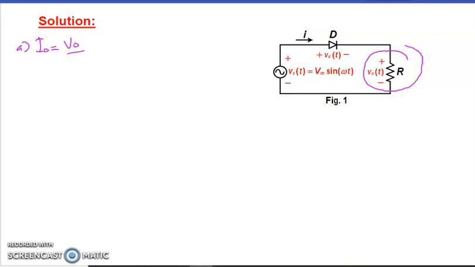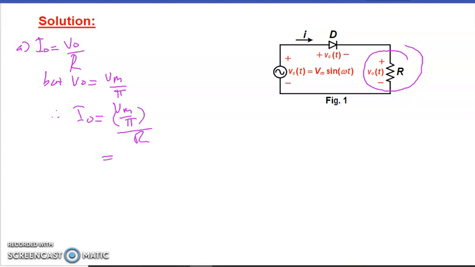So I out equal to V out divided by R. But for a half-wave rectifier, V out, as we previously know, is equal to V max divided by pi. So I out equal to V max divided by pi divided by R.